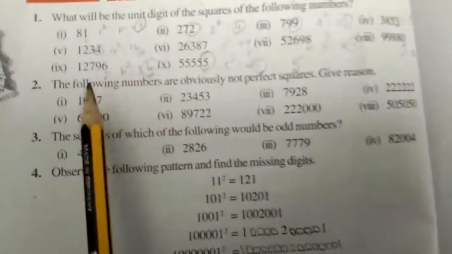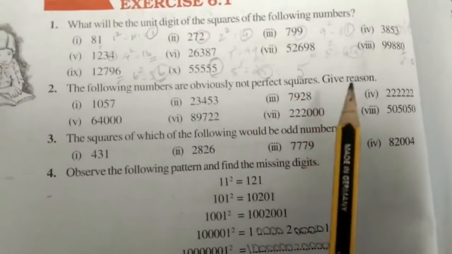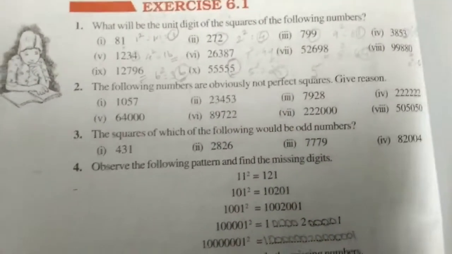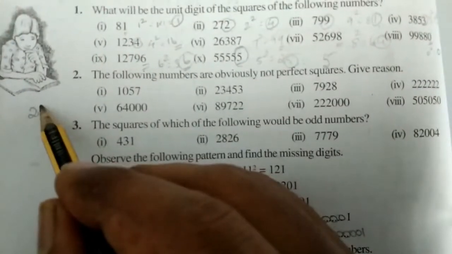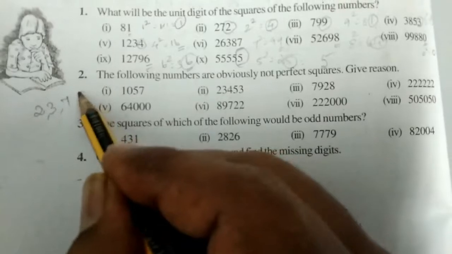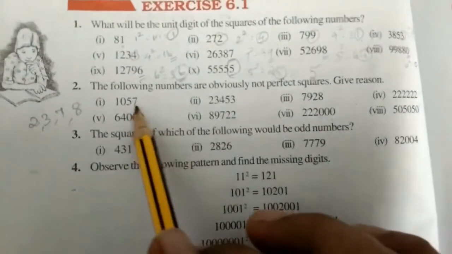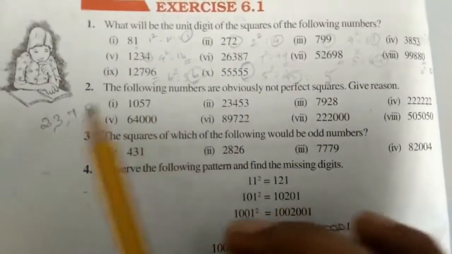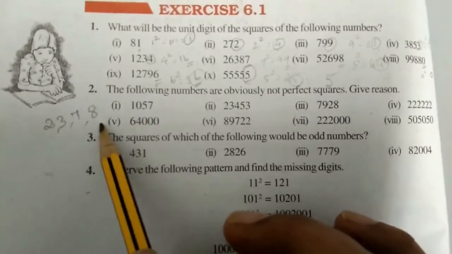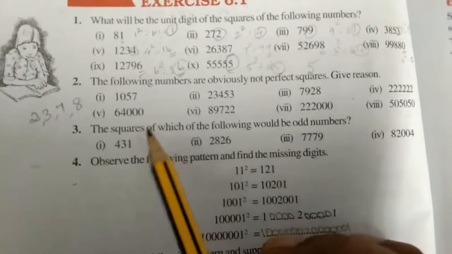Right. Now consider the second problem. The following numbers are obviously not perfect square numbers. Give the reason. If a number ends with 2, 3, 7, 8, that is, the unit digit is 2, 3, 7 or 8, the number is definitely not a perfect square number.